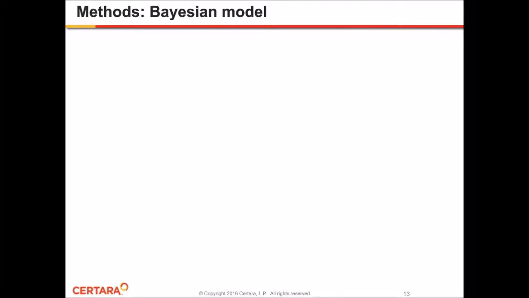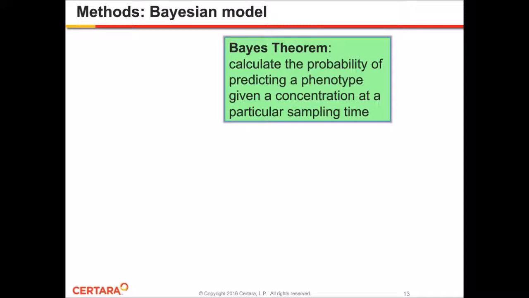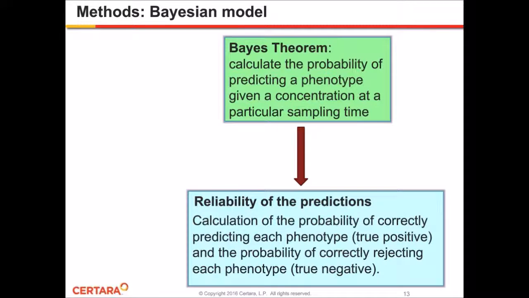So with the Bayesian model, we use Bayes' theorem in order to calculate the probability of predicting a phenotype given a concentration at a particular sampling time. Once we identified the model that gave us the highest probability of predicting the poor metabolizers, we then had to check the reliability of those predictions.